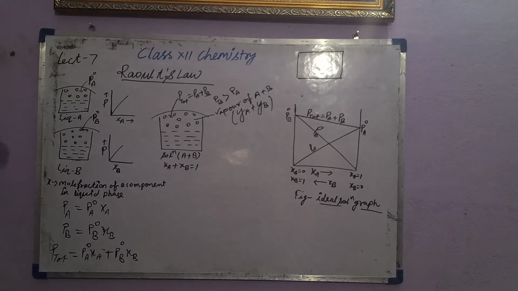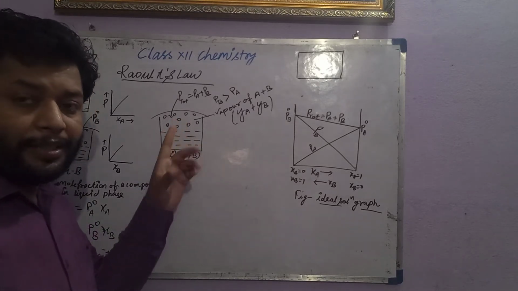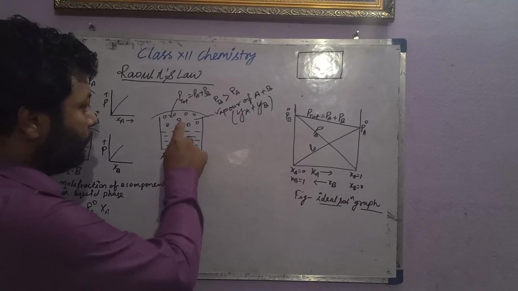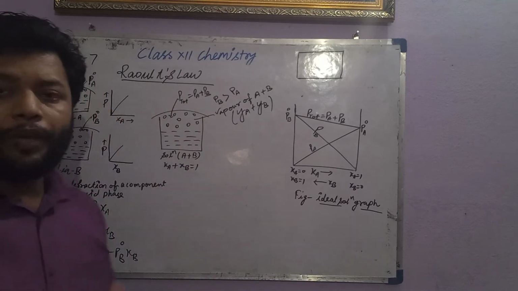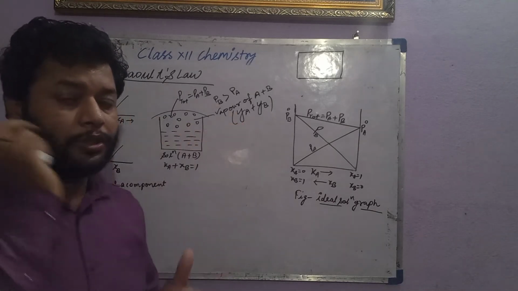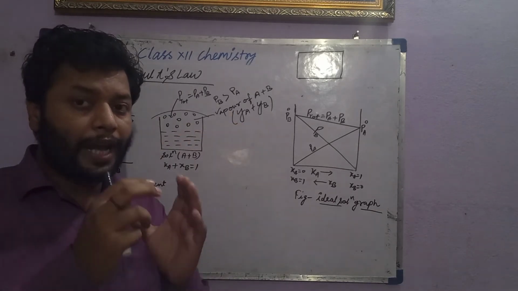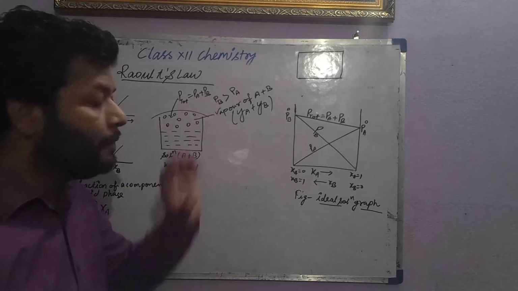Now class, you have to learn that if the pressure of both the components sum together to make a total pressure, we have to learn which component has more contribution to P total, and that is PB.